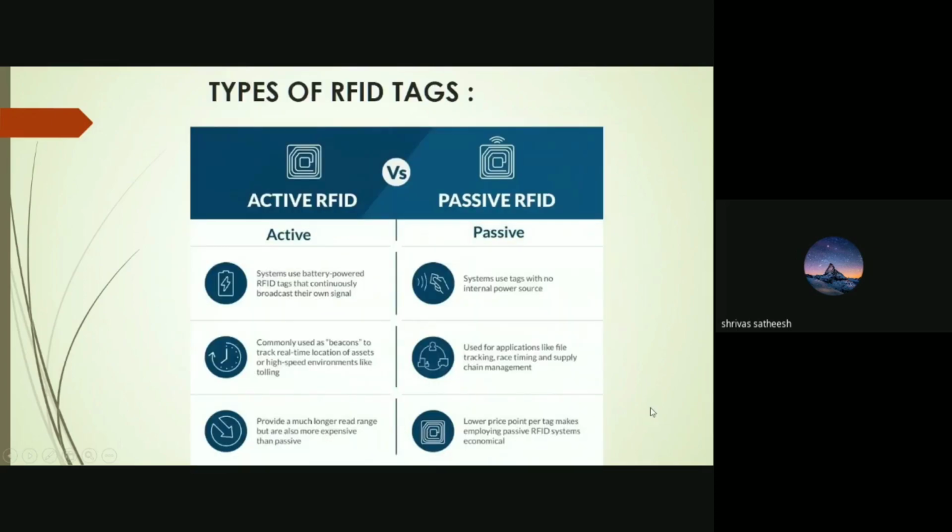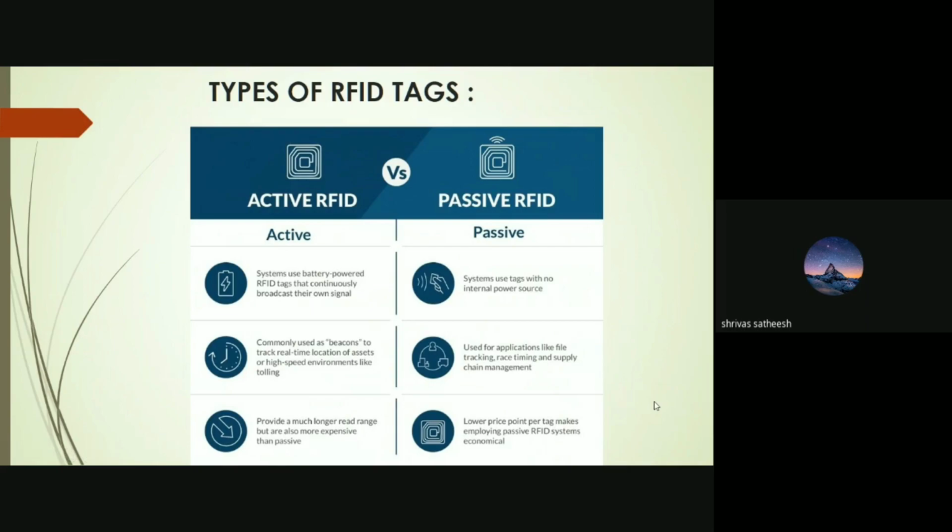There are two types of RFID tags: active RFID and passive RFID. In active RFID, the system uses battery-powered tags that continuously broadcast their own signal, whereas in passive, the system uses tags with no internal power source. Active is used in beacons to track the real-time location of assets or in high-speed environments like tolling.